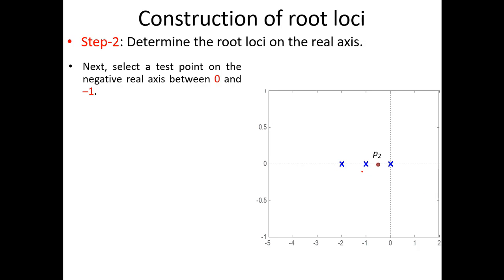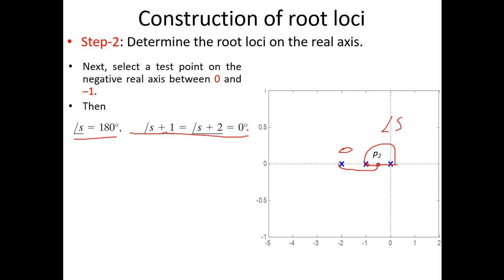Let's take up another point, this P2. You see that these 2 poles, let's say s plus 1 and s plus 2, are at 0 degrees, and only one is at 180 degrees. So the angle of s is at 180, and the other remaining 2 are at 0.